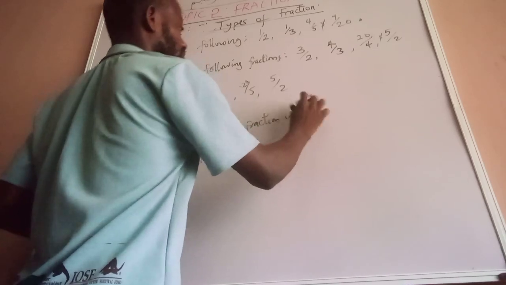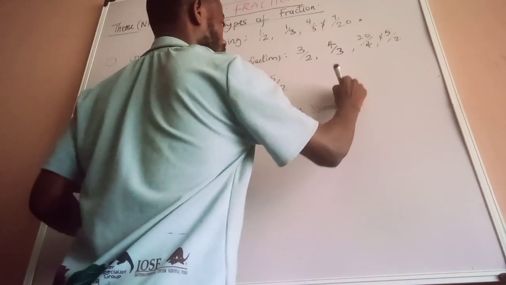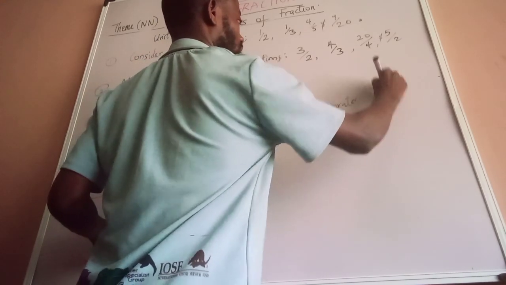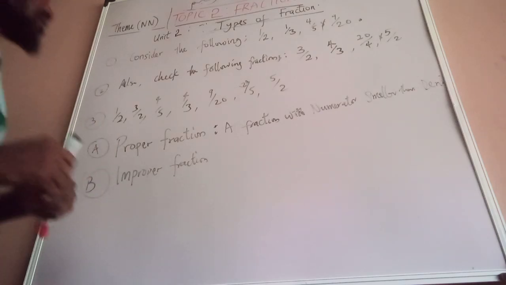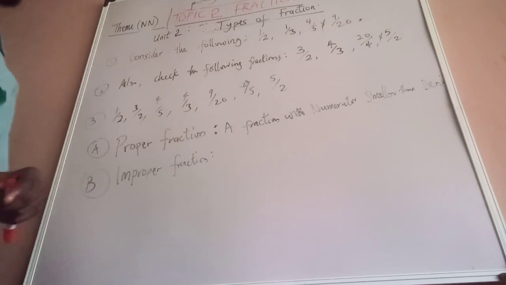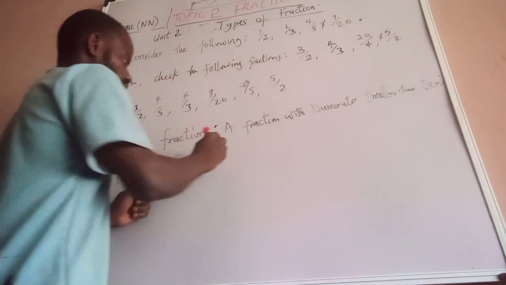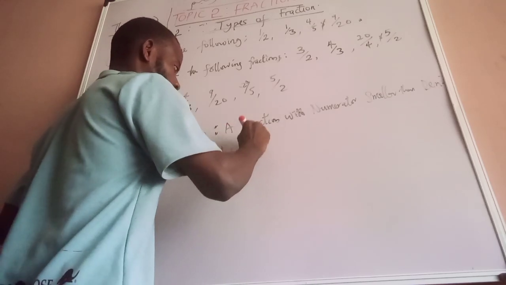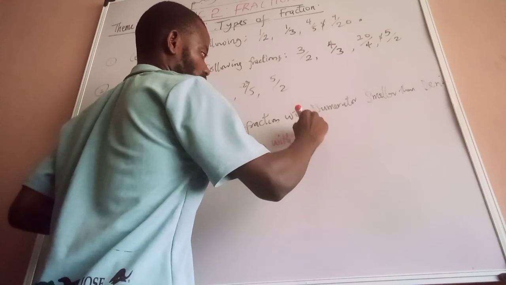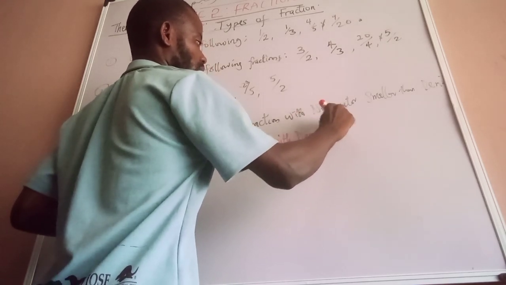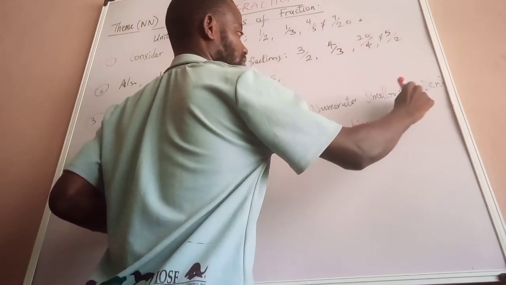So improper fraction, proper fraction: a proper fraction is a fraction with numerator smaller than denominator. While an improper fraction is a type of fraction with the numerator bigger than the denominator.